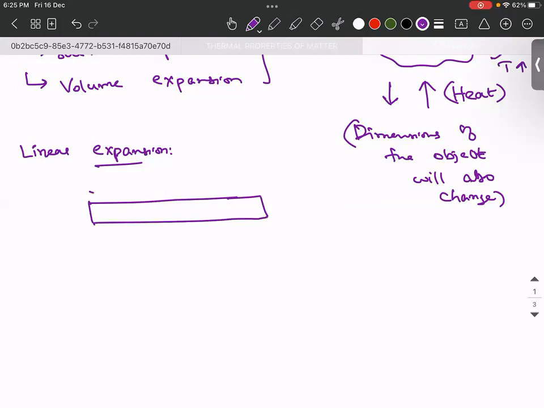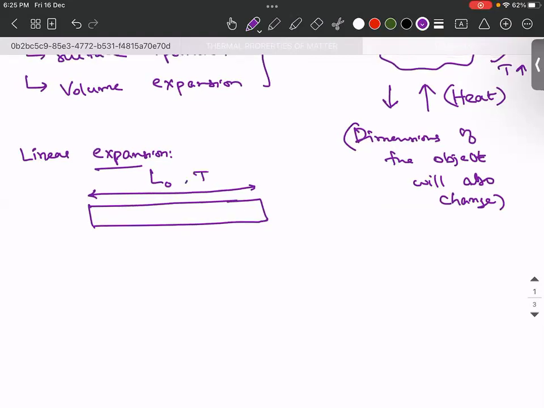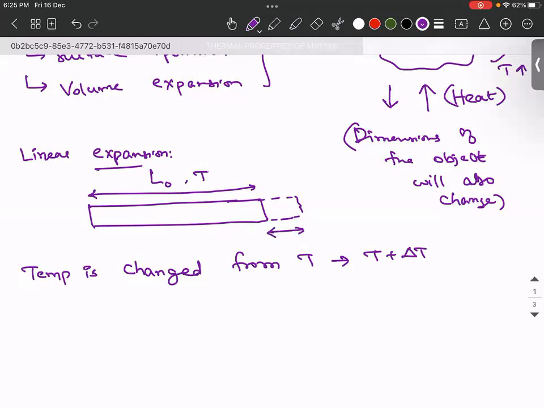if I take the initial length of the conductor to be L naught, and initial temperature, let me call it T. When the temperature is changed from T to T plus delta T, then you can observe that there is a change in length that is going to take place.